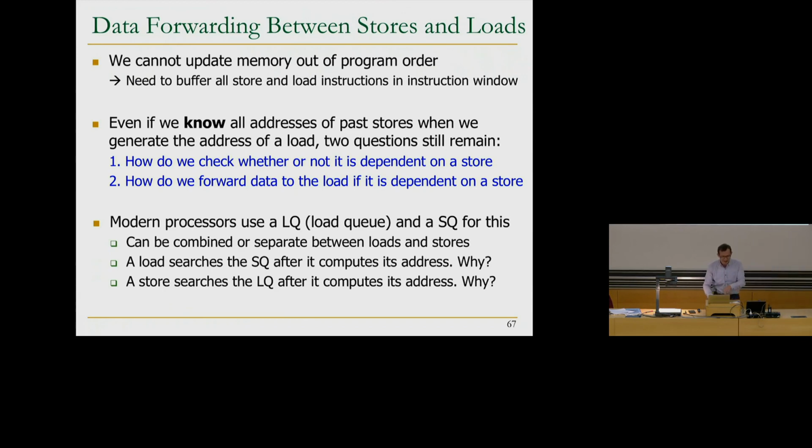I'm not going to talk about the second case, but it's needed if you're doing prediction. The first case is needed even if you're not doing prediction. You just want to be able to decide whether this load is dependent on a store, even assuming that you know the addresses of all of the previous stores.